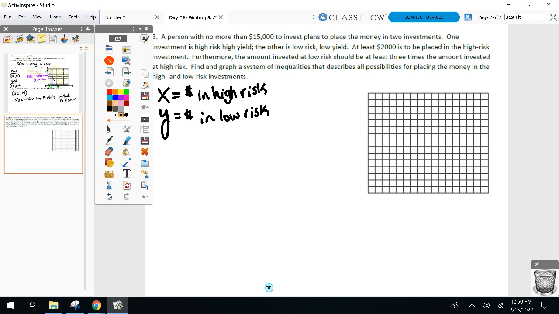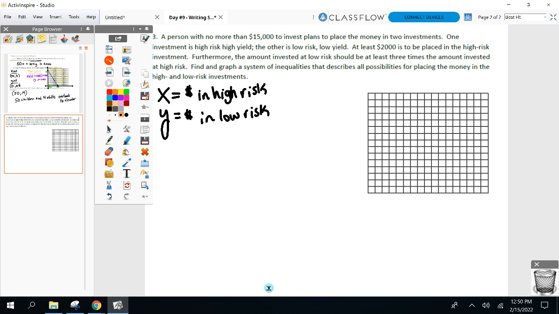Just that alone. Don't even read on. We are investing no more than $15,000 total. I want one inequality based on that fact.